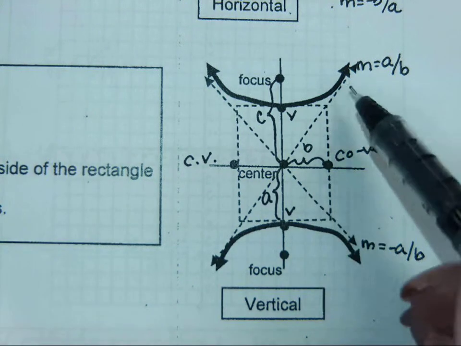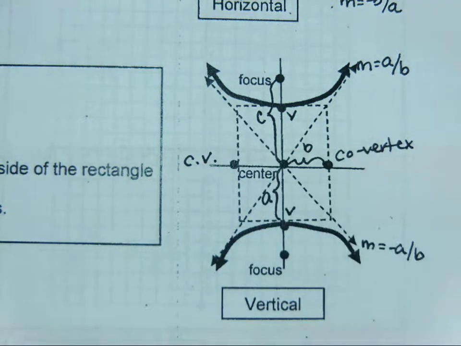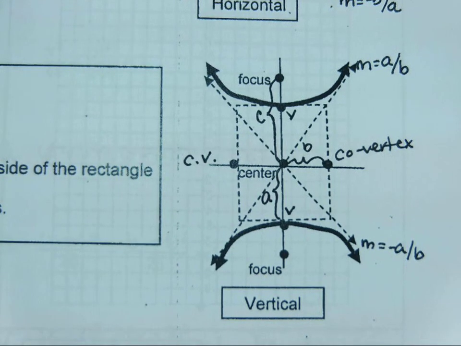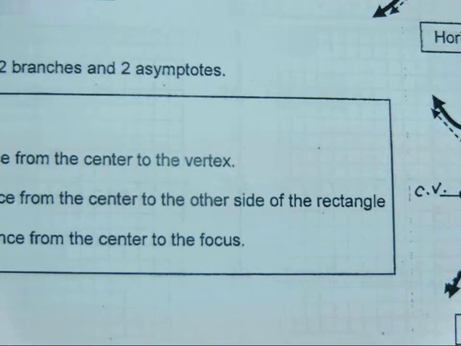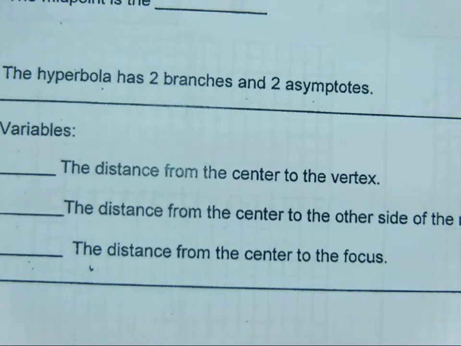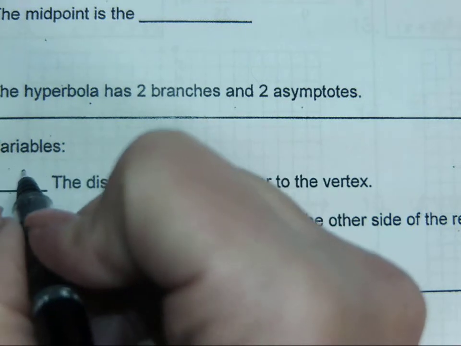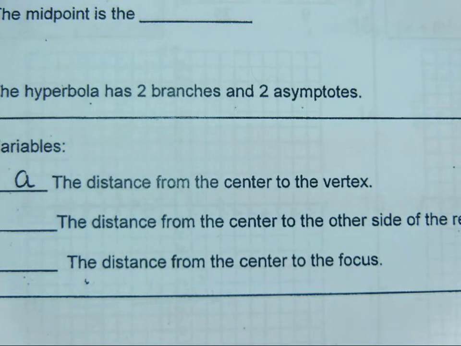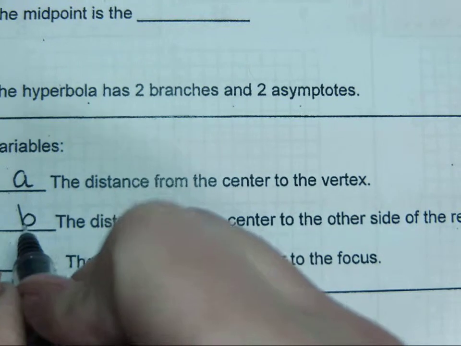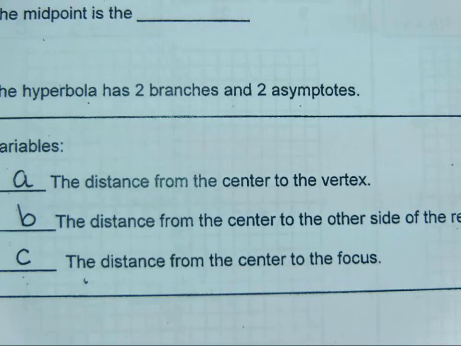And again, that will give us this guide, and it needs to be dashed so we can run our branches. So let's fill in the blanks over here. The distance from our center to our vertex is A, to the other side of the rectangle is B, and to the focus is C.